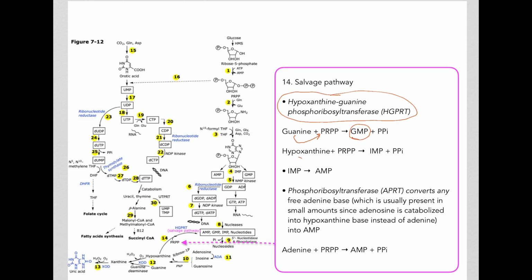Similarly, it can react the nucleobase hypoxanthine with PRPP and you get this nucleotide IMP, which can then be converted into AMP. So basically in this pathway, we see the nucleobase being converted directly into nucleotides in one step.